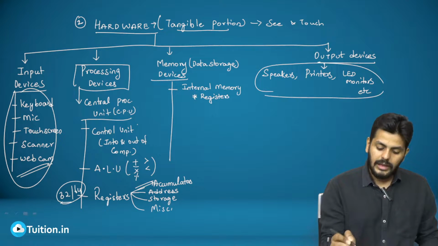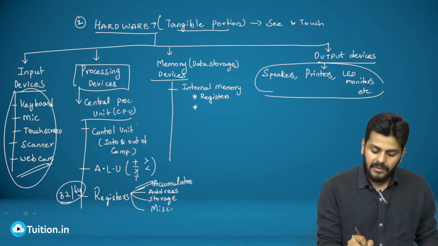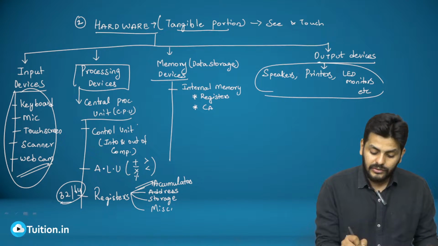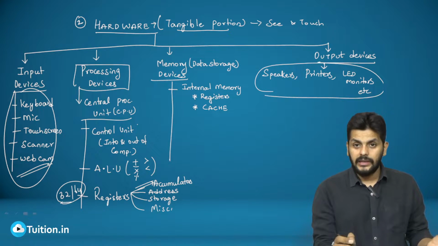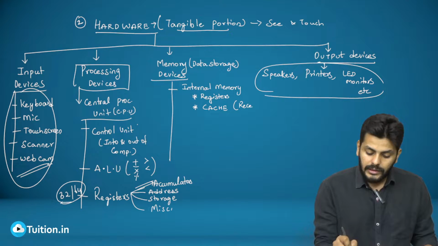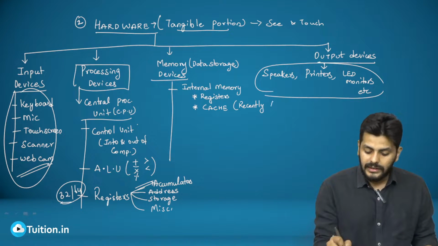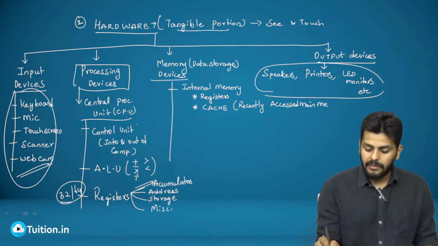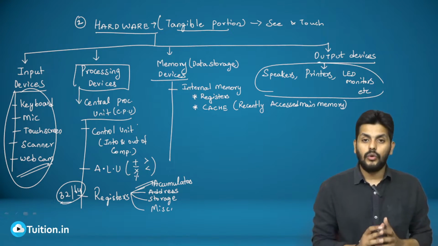And then we have a temporary memory which stores all the recently accessed places, which is called cache memory. Pronounced like CASH, but it's called cache memory. Whatever main memory locations you recently accessed, a copy of that gets stored in cache.